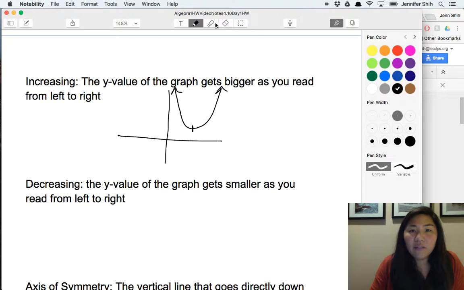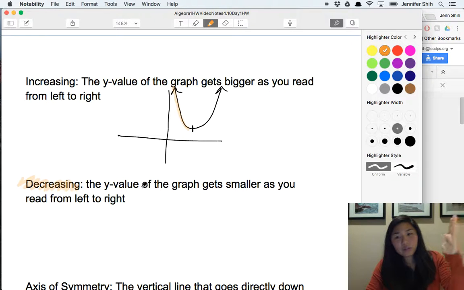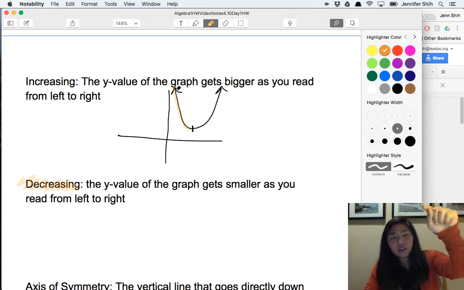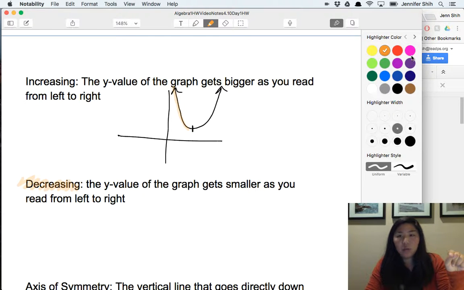On the left side here, which I'm going to highlight in orange, the graph is decreasing. Because if I'm reading from left to right, the graph is going down. So it's decreasing. What I'm going to highlight here in pink is where the graph is increasing. So that's from here to here.